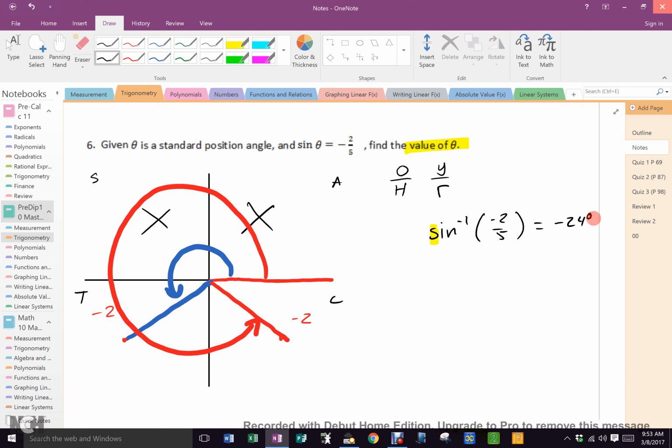Now you guys are smart kids. Where is that 24? It's the reference angle, yes? So there is a 24. Since it's negative, I went that way, huh? So if that is a 24, what is the red theta? Red theta is what?